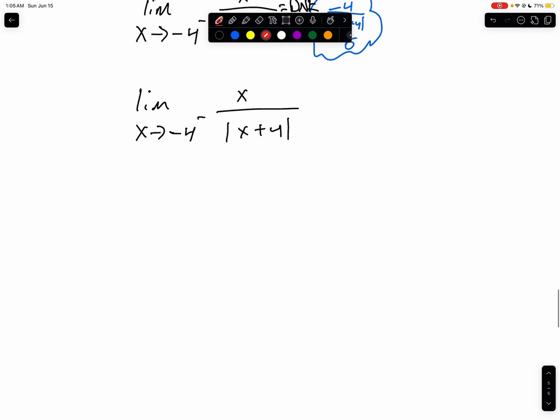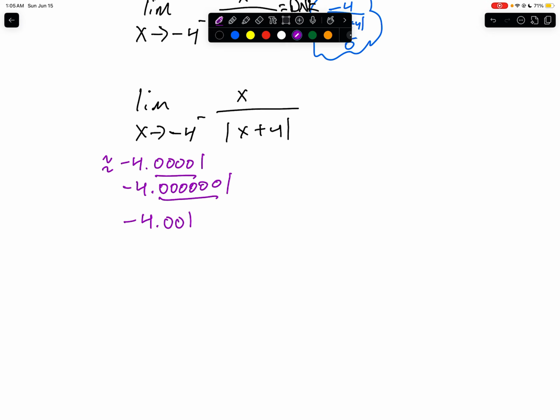So this could be approximately negative 4.00001 or negative 4.00000, whatever. It'll have infinite leading zeros. So for simplicity here, I'm just going to use negative 4.001. Okay?